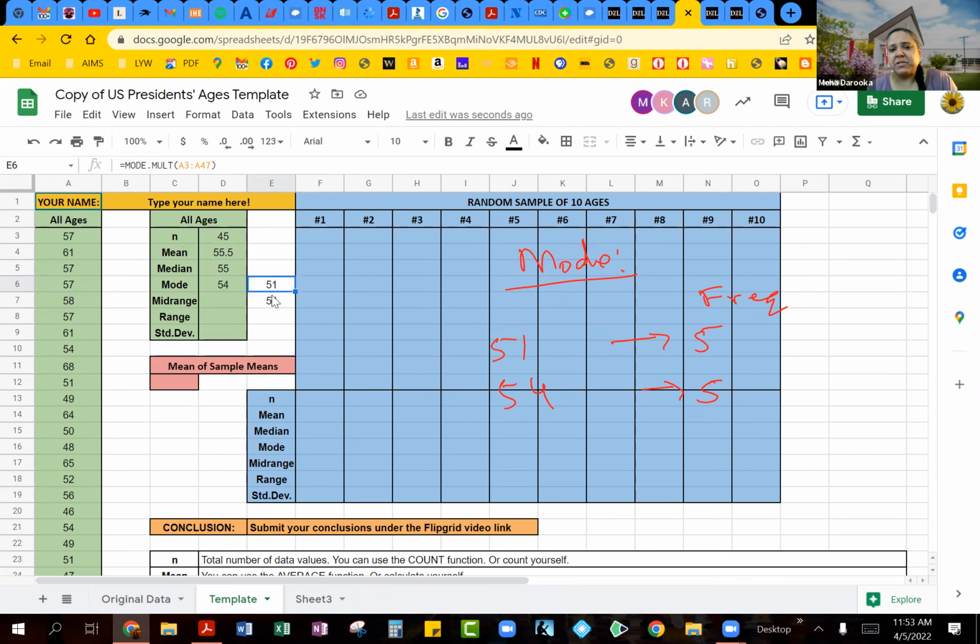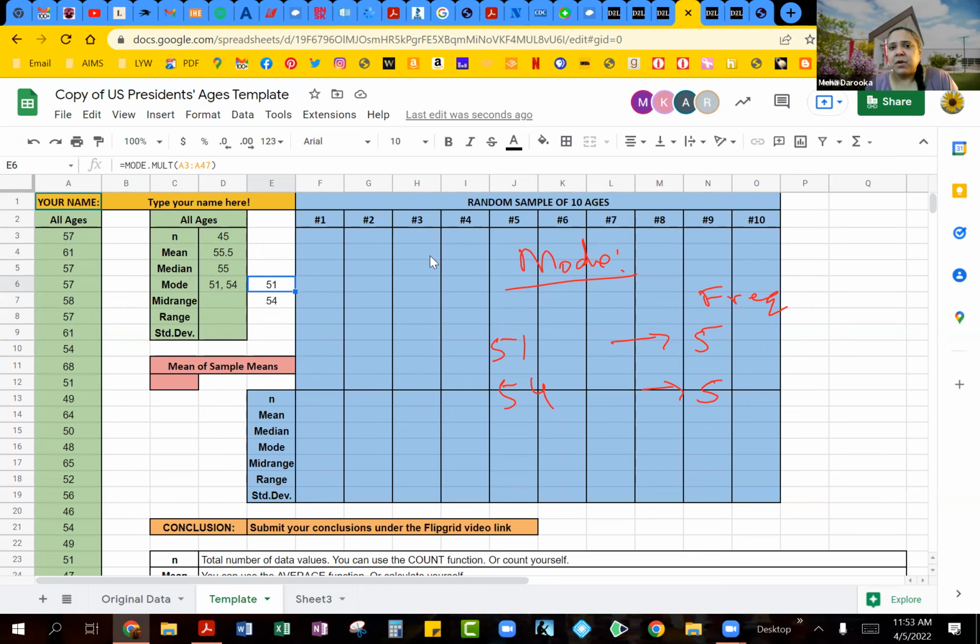When we use the multiple mode function, we came up with 2 answers. So that's the reason why instead of mode, I end up using multiple mode. So what I'm actually going to do here is type in 51, 54. So we know this is a multiple mode method, data set.